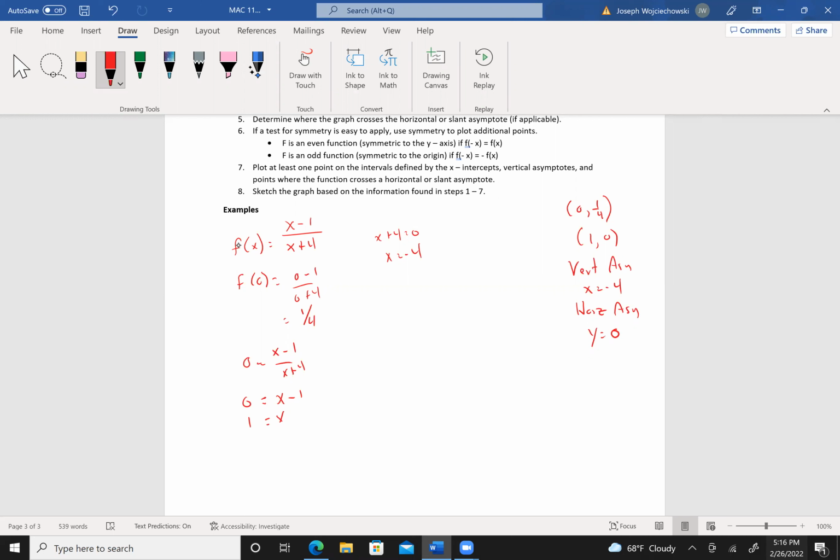So let's see what we have so far here. I have x equals -4. That's one asymptote, a dotted line, x equals -4.